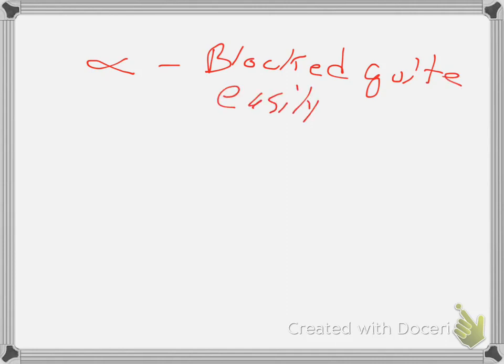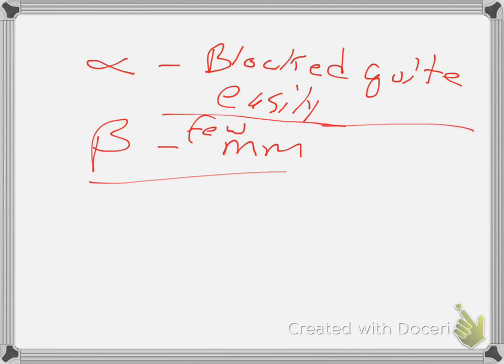For beta particles, you could use a little bit of metal, like aluminum, the thickness of 2 aluminum cans, a few millimeters of metal, will block most beta particles. Remember, that's the electron.